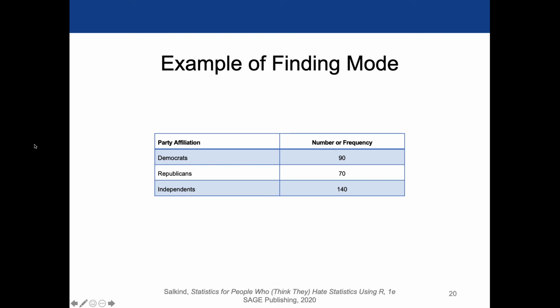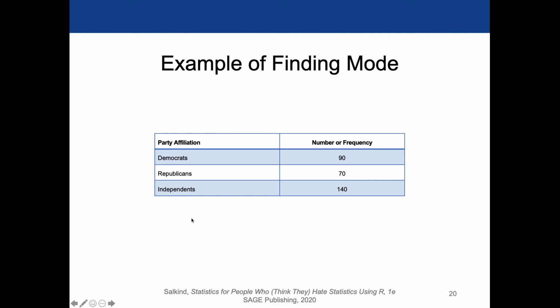So you might look at a table like this where you see how many people say their political affiliation is Democrat, how many say Republican, and how many say they are an independent, which is probably not 140. We're so politically divided now. It's probably more like 14. Maybe not for voter registration. In any case, that's how you would find the mode.